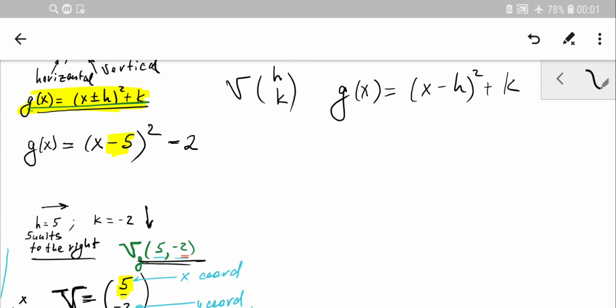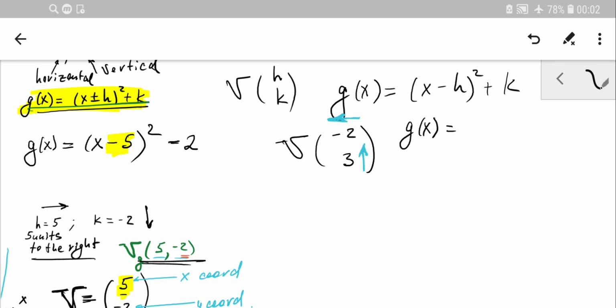For example, let's take another vector which has -2 units, so means 2 units to the left, right? And let's say 3 units up. So I just put the arrows in order to show you that it was translated 2 units to the left and 3 units up.